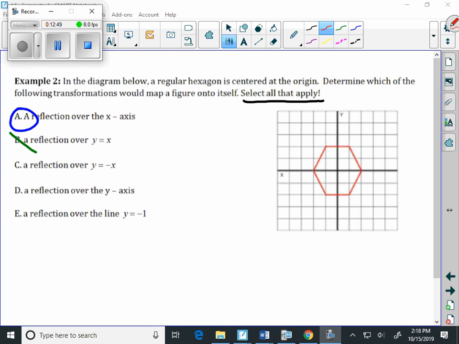Thing is, if we can't reflect it over the line y equals x, we can't reflect it over the line y equals negative x. But by the way, where the line y equals negative x is, I'm trying to make it go through the origin, but it just has a slope of -1.